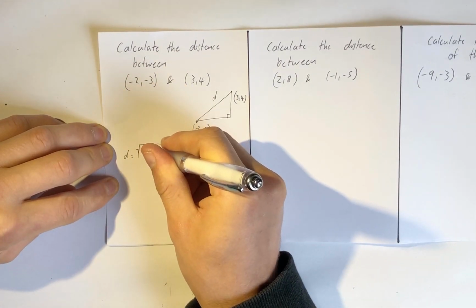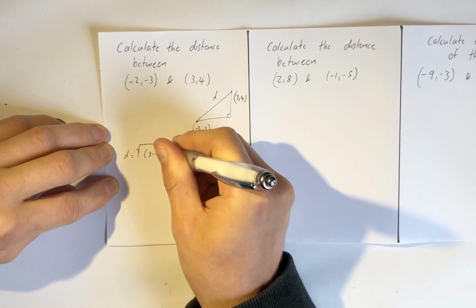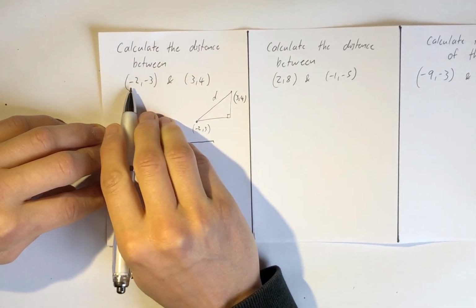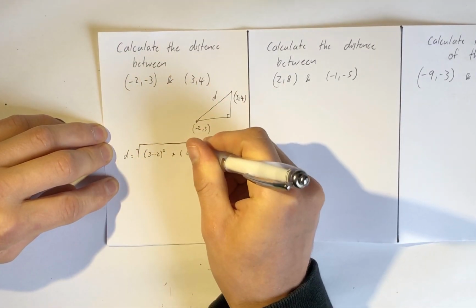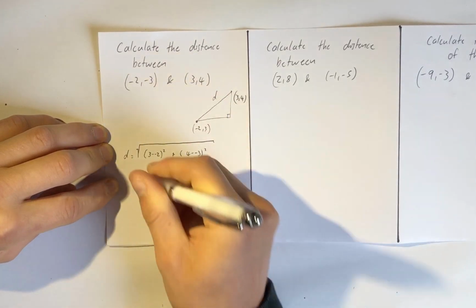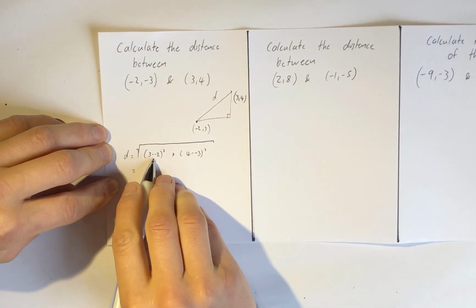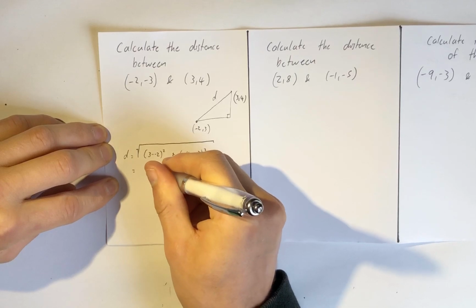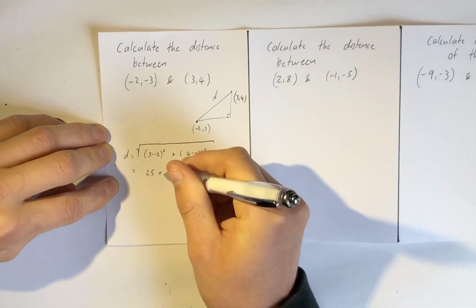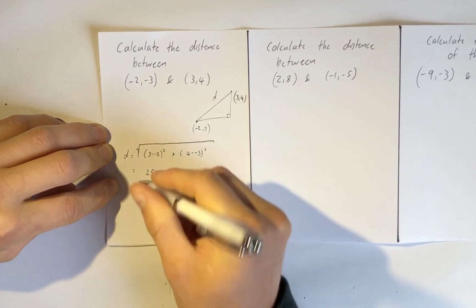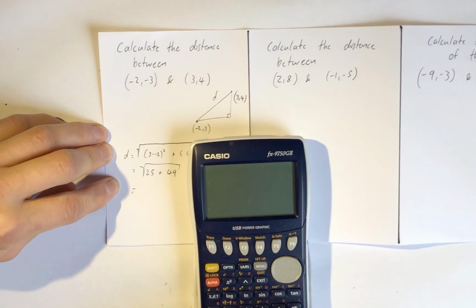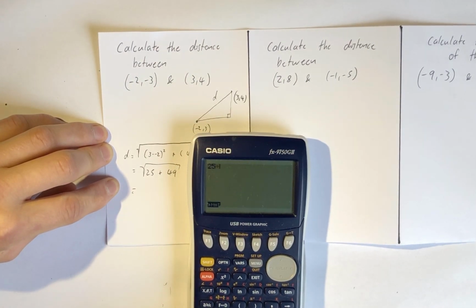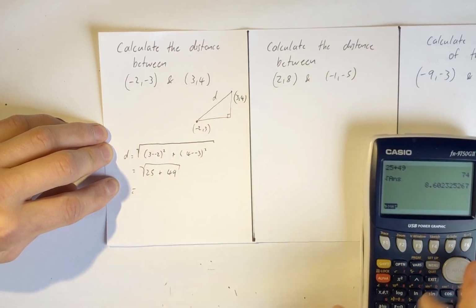So 3 minus -2 squared, right? 3 take away -2, the difference in the x's, plus the difference in the y's, 4 minus 3 squared. So 3 take away -2, well, that's like adding, isn't it? So that's 5 squared, and this is 7 squared, isn't it? So 4 plus 3, and then we square root that whole thing. So on my calculator, I'm going to go 25 plus 49 and square root that answer, 8.6.